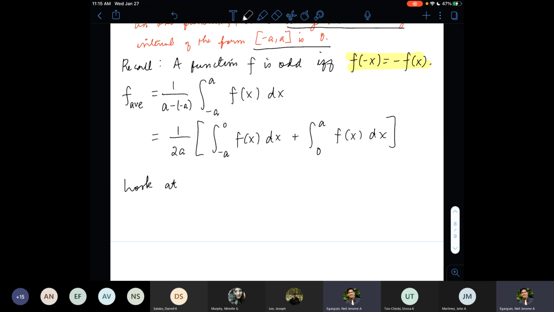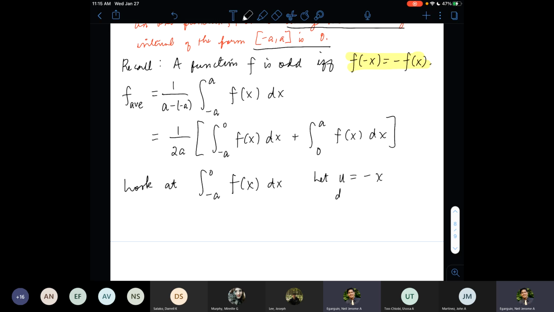So I look at the first integral, for instance, negative a to 0 of f of x dx. And for me to be able to use this info about odd functions, I need to have a negative inside the function. So what I'll do here is I will let u be equal to negative x.